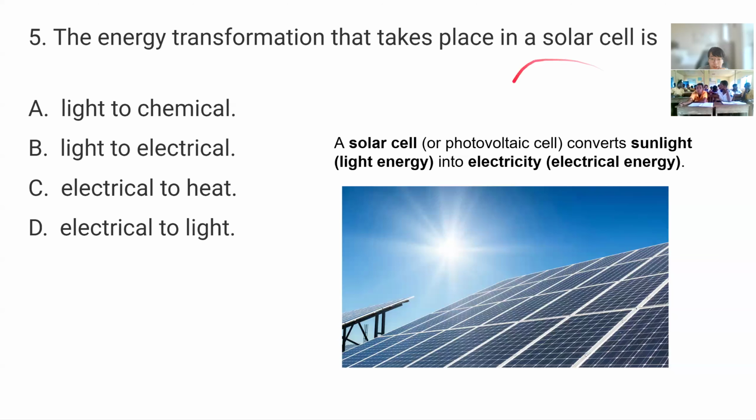So the energy from the sun we get is light, and the solar cell helps turn it into electricity. So therefore, we're converting light to electrical.